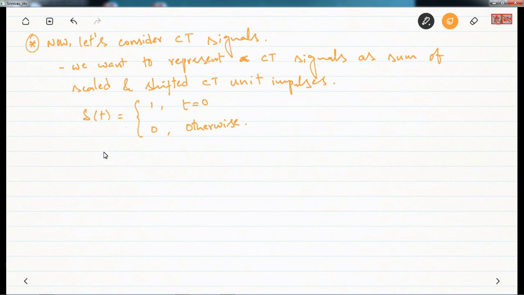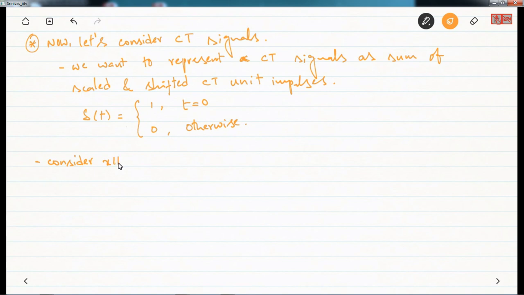So anyway, we just wanted to represent this more rigorously. So consider, in case of continuous time systems, it is not so straightforward when people started analyzing these continuous time signals, and when they tried to represent this in terms of continuous time unit impulses. Right?